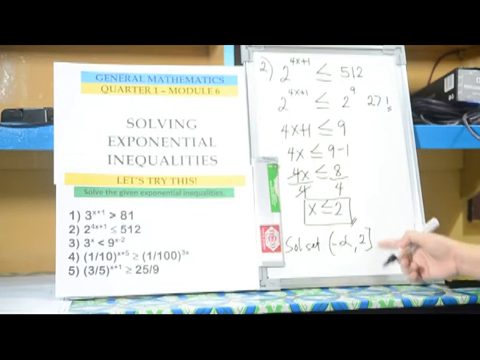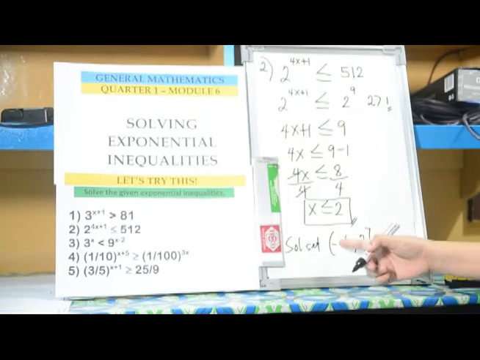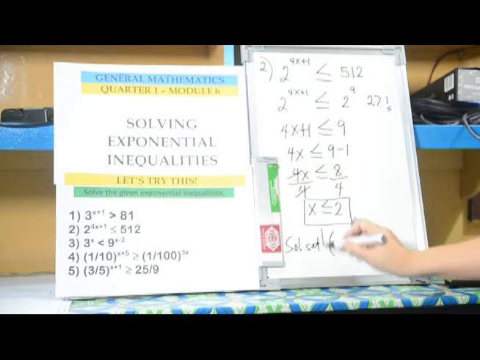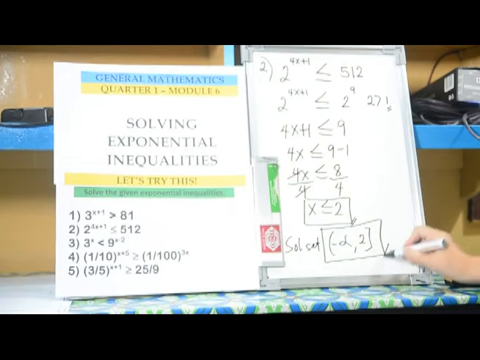Why is it a bracket? Because 2 is included as our solution. Any value in this range will be the solution set for the given expression. So you have to end up with the solution set as your answer when solving exponential inequalities. That is for number 2.